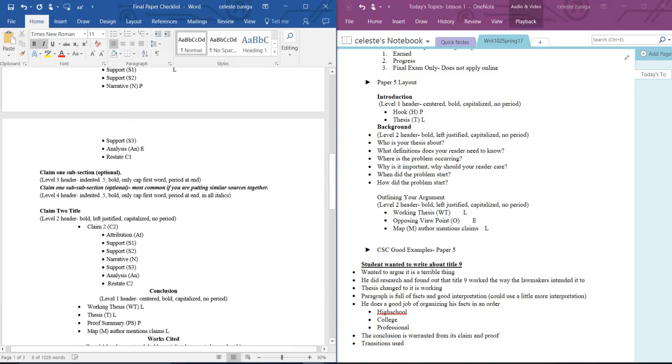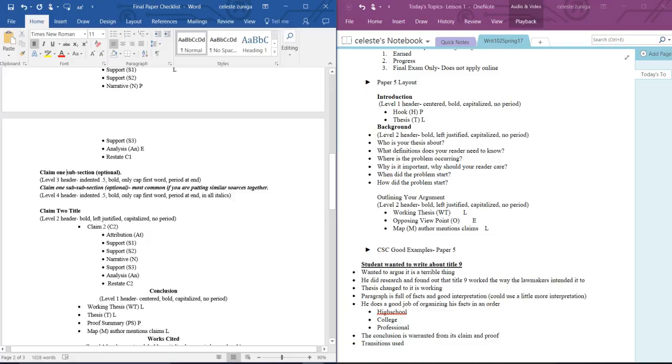Note that you can subdivide sections within your claim section. So your claim section isn't one paragraph. It could be 5 pages long. And those 5 pages, just proving one claim true, could have subsections in them.